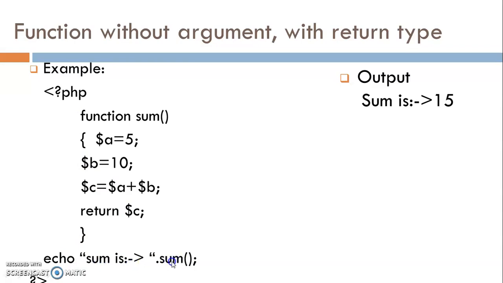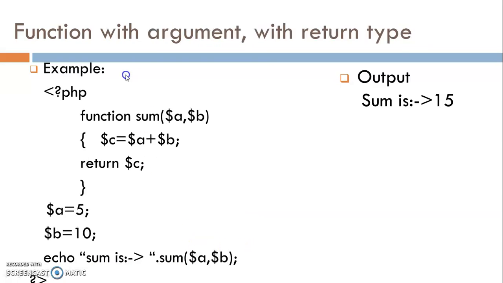So to perform the sum function, the cursor goes to the function sum and executes this code, and after that return $c, means the final answer, 5 plus 10 equals 15, then return 15. 15 is written here. So my output is sum is 15. Okay, so this is the third category.